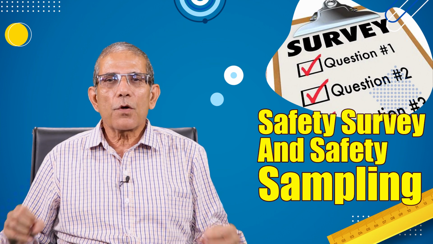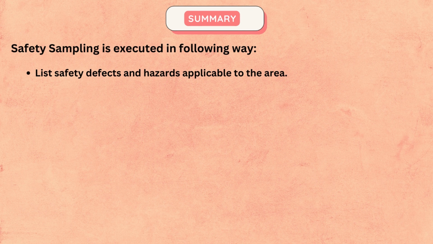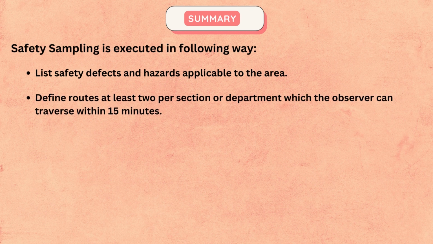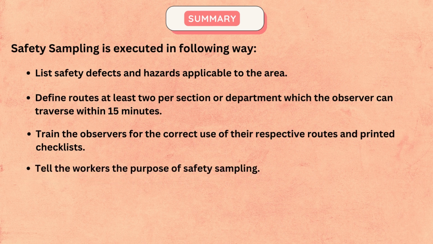Safety sampling is executed in the following way: list the safety defects and hazards applicable to the area, define routes, at least 2 per section or department, which the observer can travel within 15 minutes, and train the observer for correct use of the respective routes and printed checklist. Tell the workers the purpose of safety sampling.